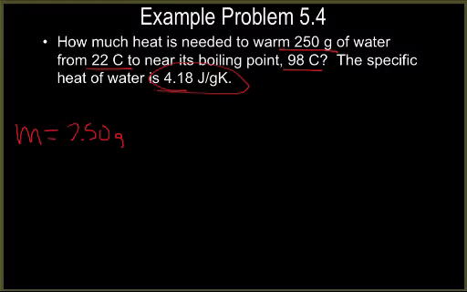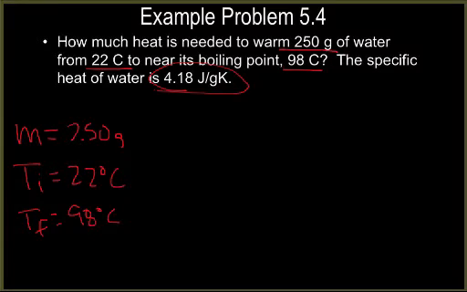Our initial temperature is 22 degrees Celsius, and our final temperature is 98 degrees Celsius. Remember, when we're looking at our change in temperature, we always take final minus initial. That gives us a value of 76 degrees Celsius, or 76.